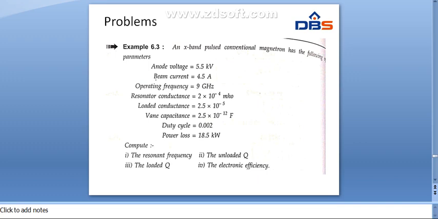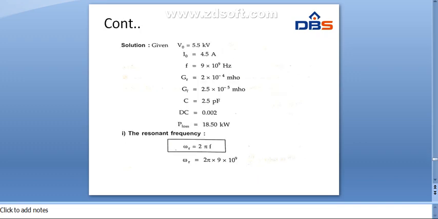Anode voltage is 5.5 kilovolts, beam current is 4.5 amperes, operating frequency is 9 gigahertz, resonator conductance is 2 into 10 power minus 4 mhos, loaded conductance is 2.5 into 10 power minus 5, vane capacitance is 2.5 into 10 power minus 12, duty cycle is 0.002, power loss is 18.5 kilowatts. Compute the resonant frequency, the unloaded Q, the loaded Q, and the electronic efficiency. So these are the given values.